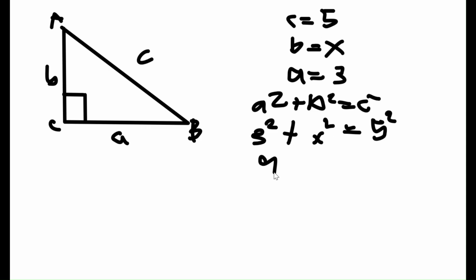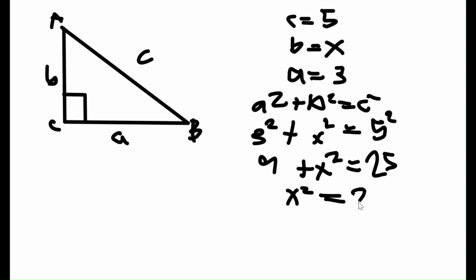3 squared is 9 plus x squared, and 5 squared is 25. Combine like terms, so x squared, move 9 to the other side and it will become negative. So 25 minus 9 is equal to 16.